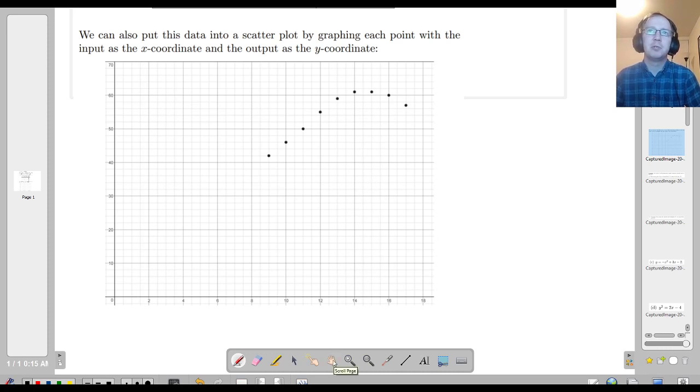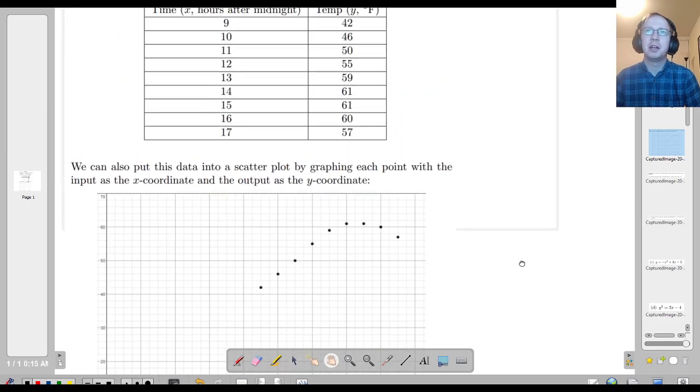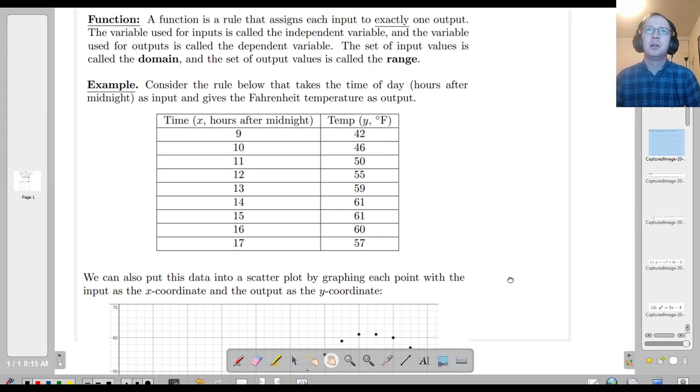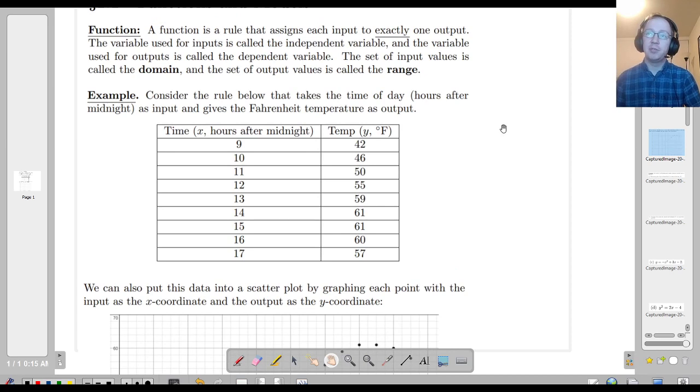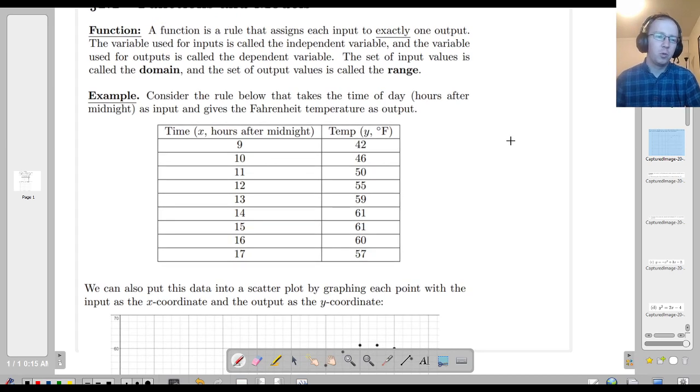The last thing I want to do here is make sure that we understand what the domain and range are. So again, this is kind of an unusual function. It's not defined as like a y equals or an f of x equals. It's just a set of inputs and a set of outputs. Okay, so for an unusual function like this, if I'm trying to describe the domain, that's the set of inputs, and the range, which is the set of outputs, it's really just going to be a set of numbers.